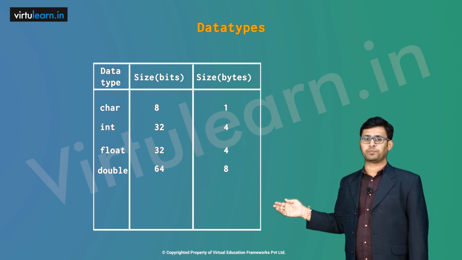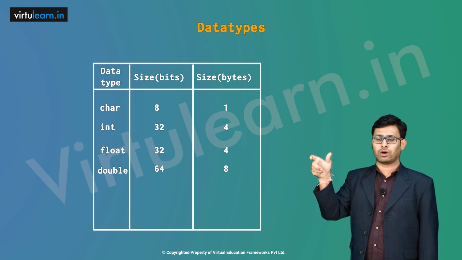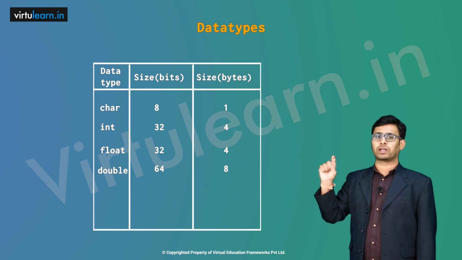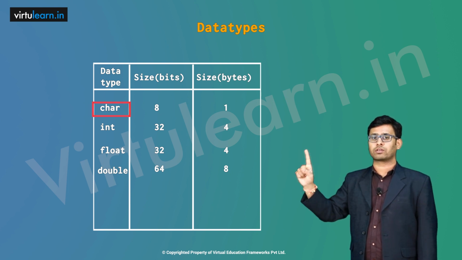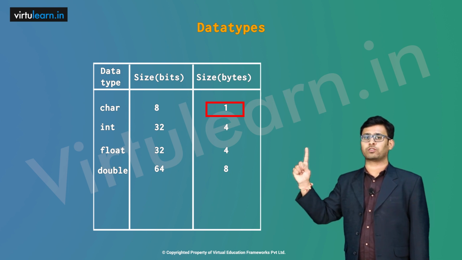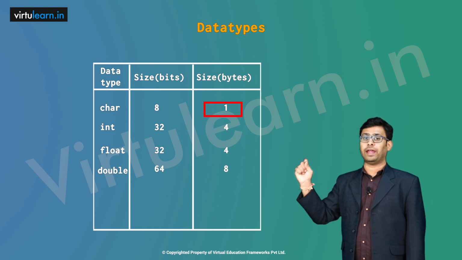Out of these, we need to remember the sizes of four important data types. Char takes 1 byte of storage space, and 1 byte is nothing but 8 bits.